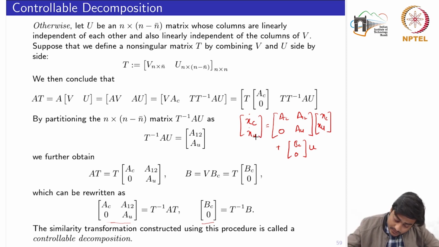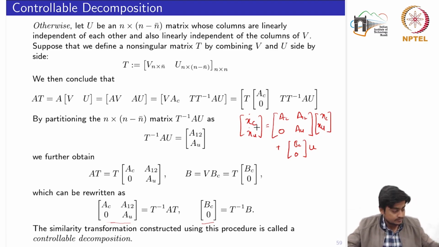Why? Because you see that this XU state is not at all influenced by U, and it does not have any dependence on XC, on which U has an influence. So basically we are trying to go towards the path where I can extract the controllable part from the given A B pair.